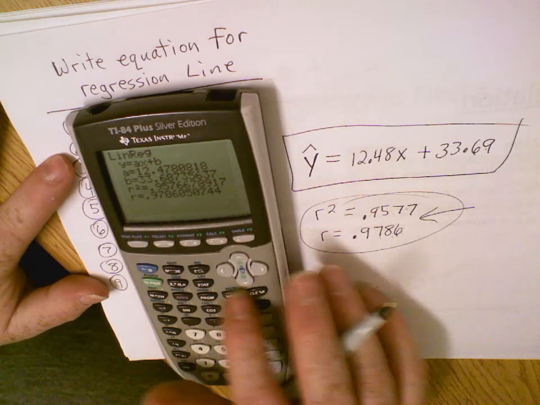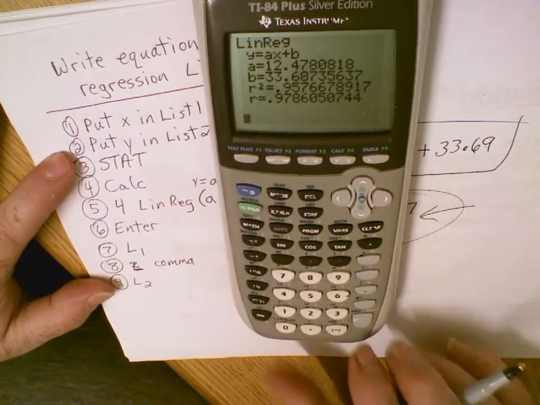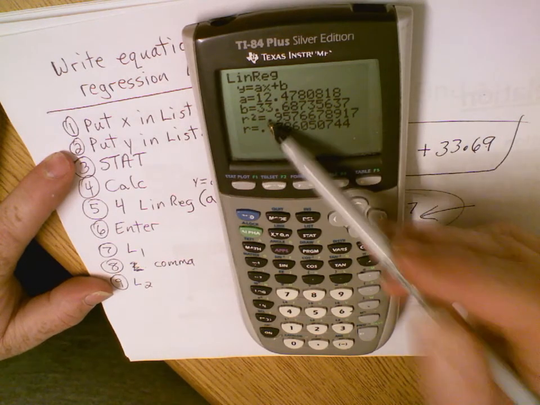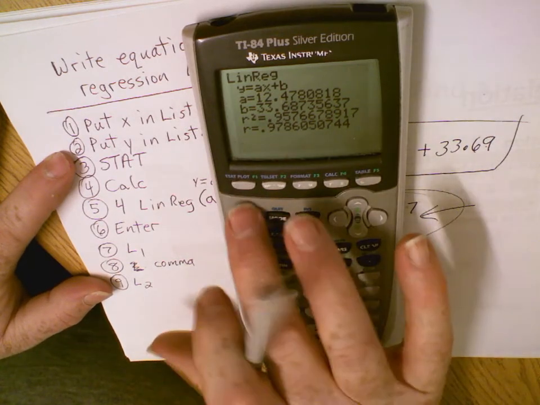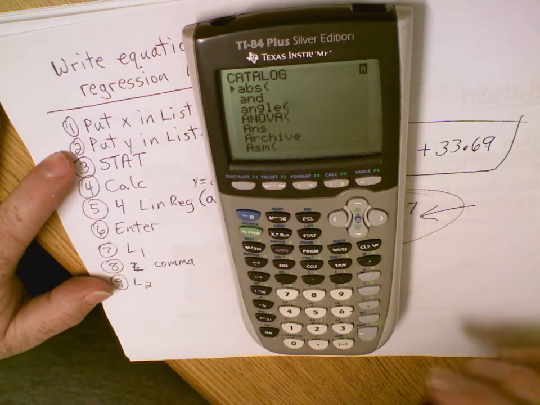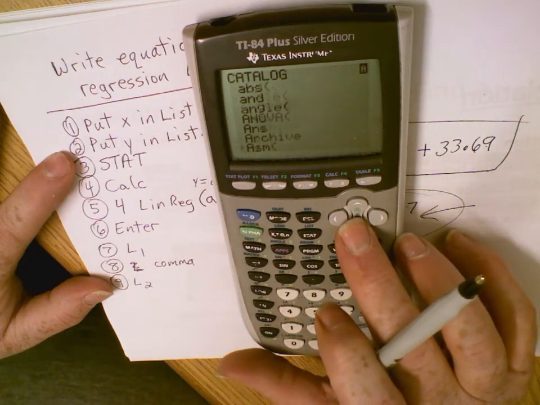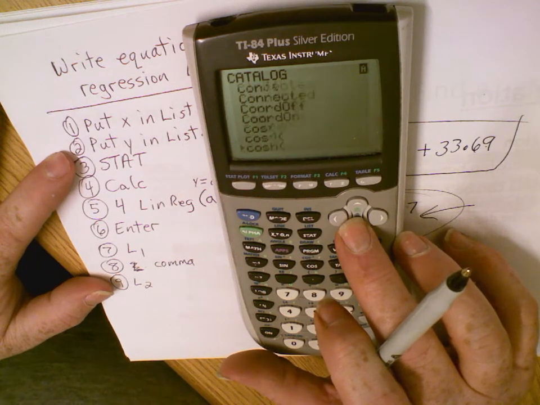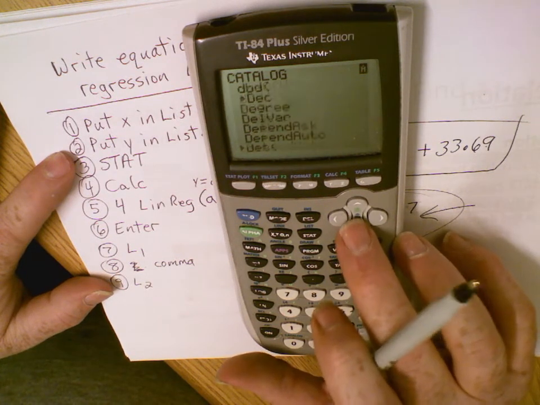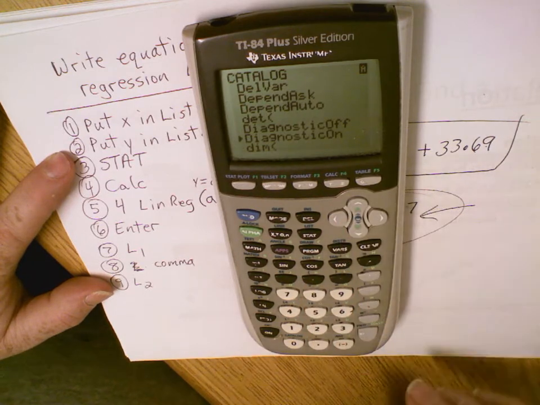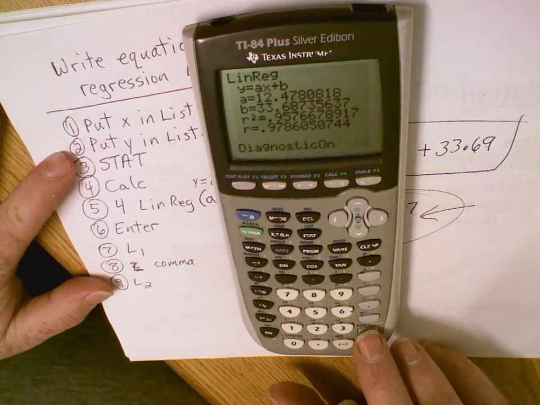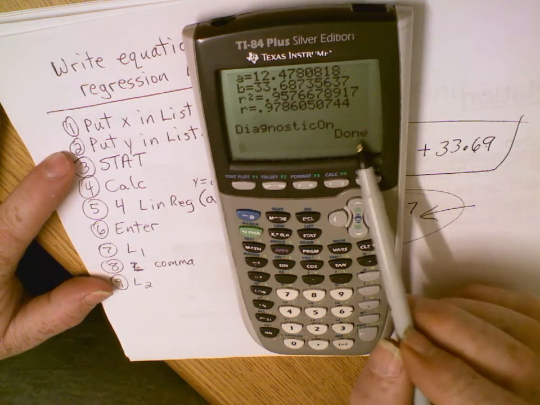If you didn't do the diagnostic, what you need to do to get it to show you R squared and R is you hit second, 0, and then you go down to diagnostic, scroll down to the D's, and where it says diagnostic on, you hit that, hit enter, and then you hit enter again, and it'll say done.